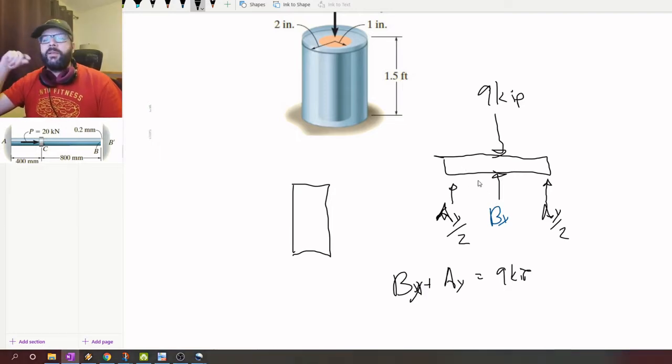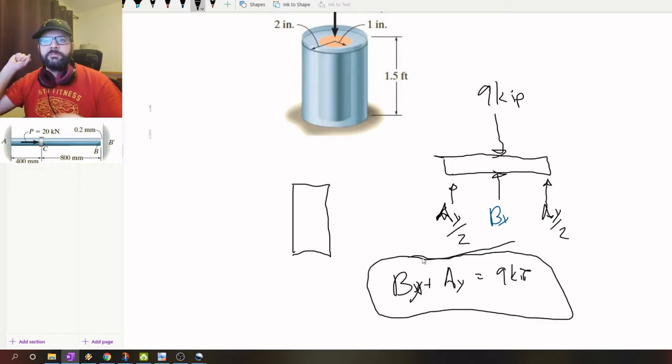Or if we took a moment from here, it'd be Ay over 2 times the diameter plus By times the radius minus 9 kips times the radius. So we wouldn't be able to differentiate that. We'd end up with the same ratios as this. So that's all the information we're able to get just out of statics.